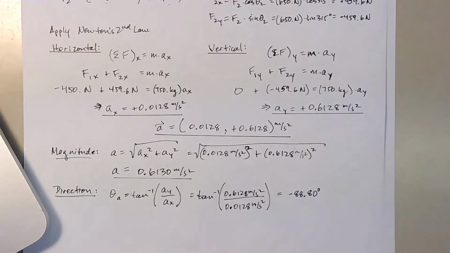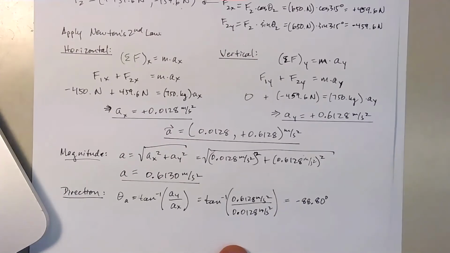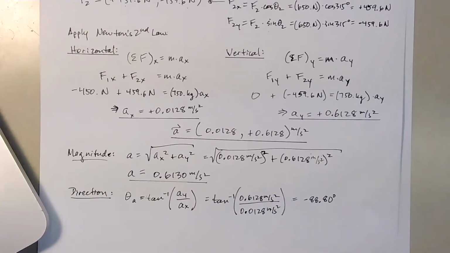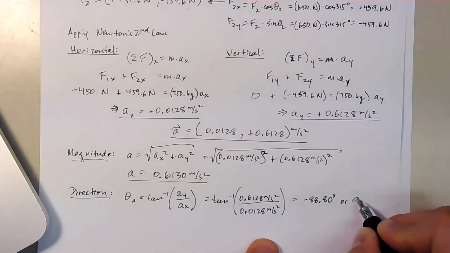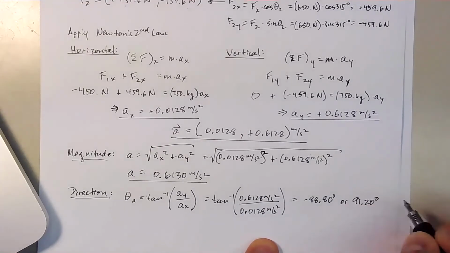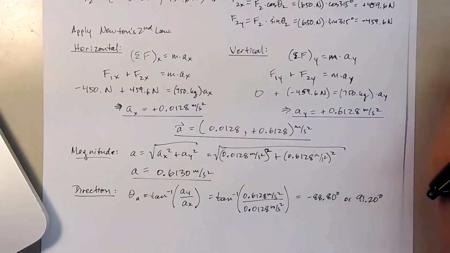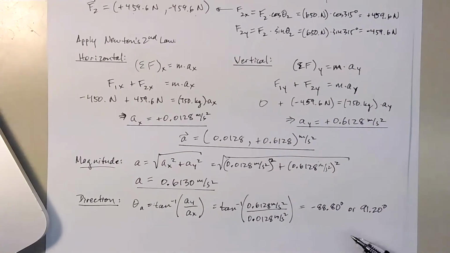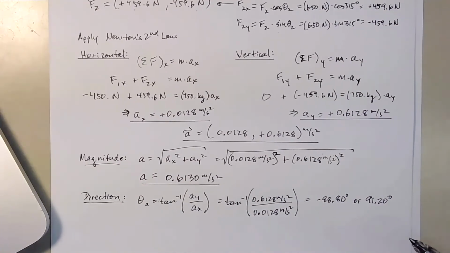But I know that there's actually a second solution on the unit circle as well that's 180 degrees away. So I add 180 and I get the alternative solution, and then I have to choose one because they're not both physically correct. Okay, well, how do I decide which quadrant I want?